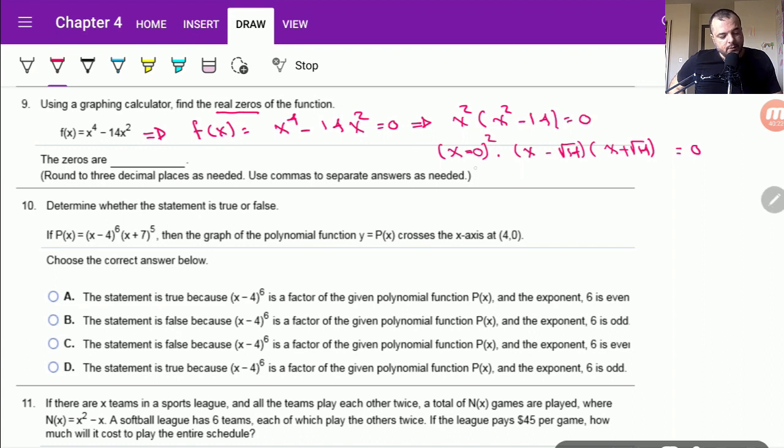What is the first zero? x minus 0 squared equals 0, or x minus radical 14 is equal to 0, or x plus radical 14 is equal to 0.